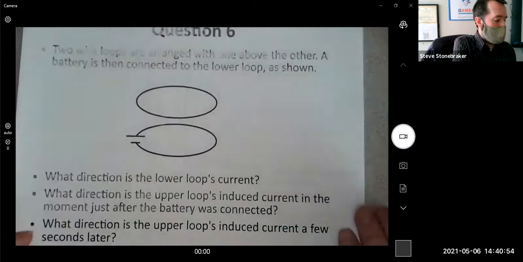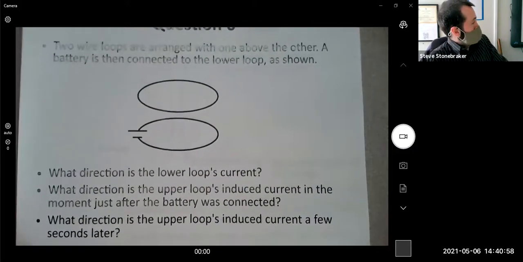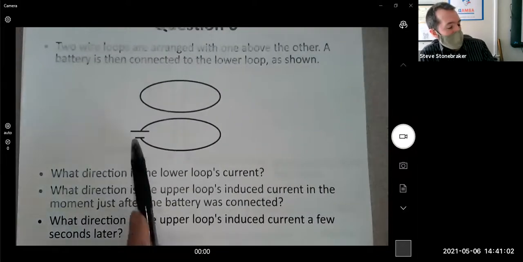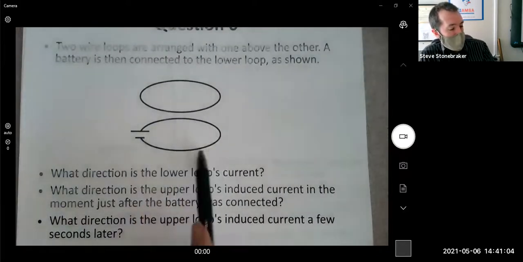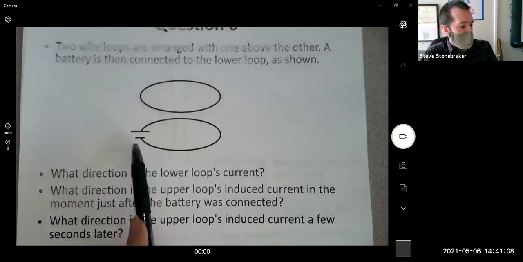This is probably the last one. This one is basically like the wireless charger or the induction stove. So there's going to be a current flowing in the bottom loop caused by this battery. That's the battery symbol, in case you've forgotten.